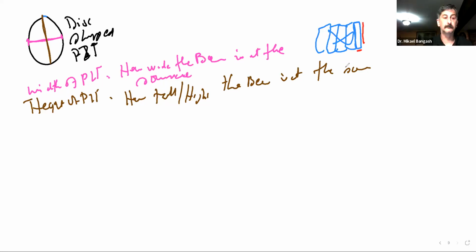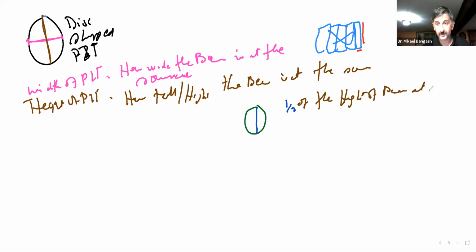Did that make sense? So at the focus, this is then going to be your beam, where we can say that the beam in this case is going to have a height which is half of the height of the beam at the source.